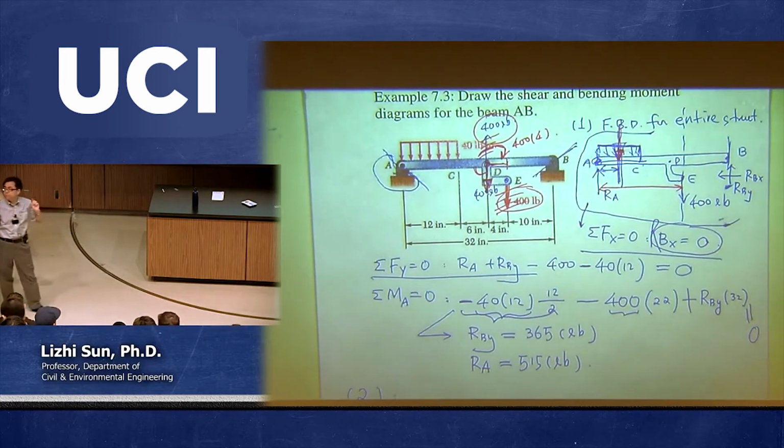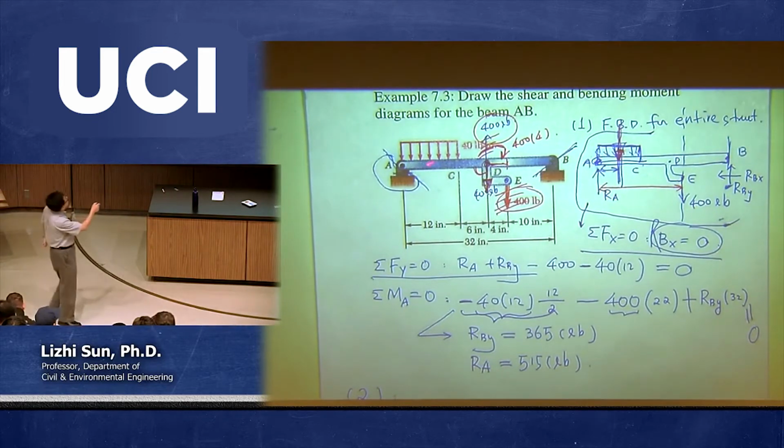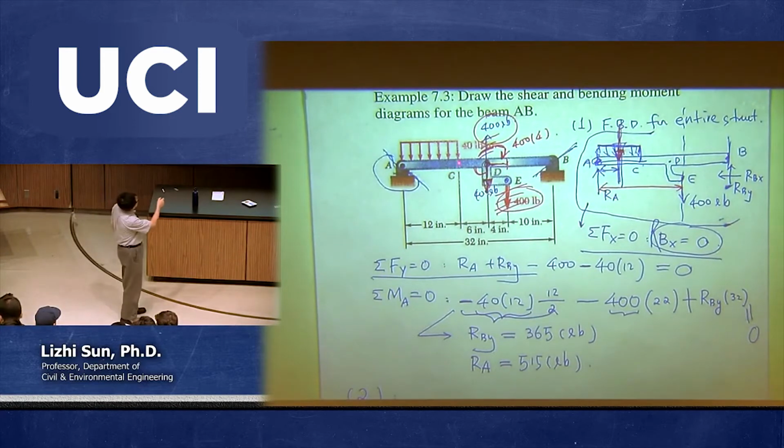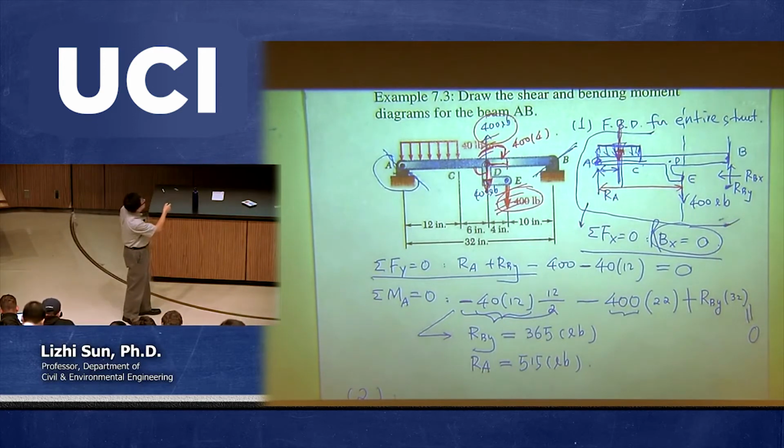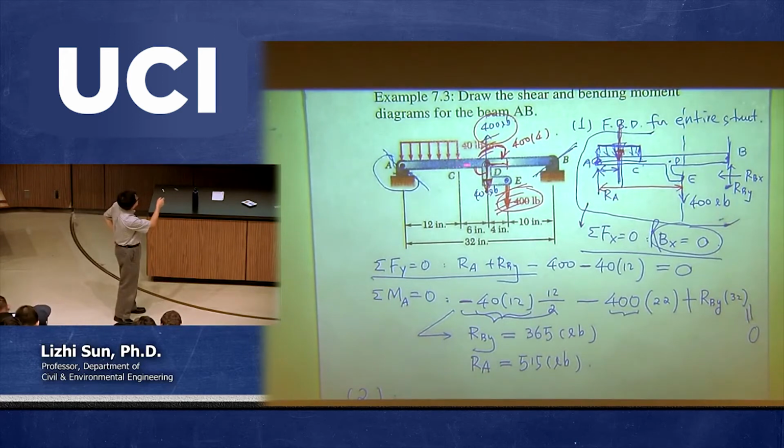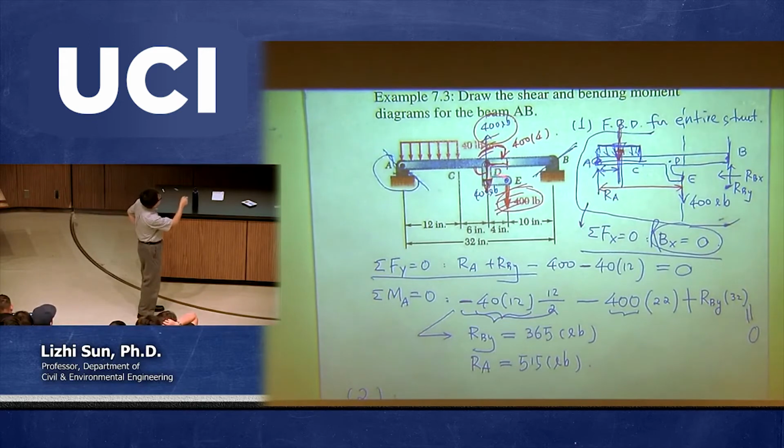Any other questions? Okay, so we determined we are moving from C in this direction to point D. We have to stop because now we have a force acting on point D. That is called a discontinuity. So there's a second cut somewhere between C and D. I have to make a cut, and then we keep moving. We're now going this way because there is no end to the right.